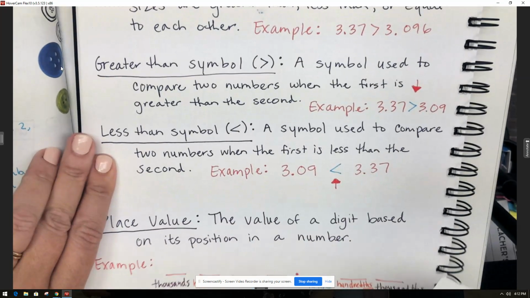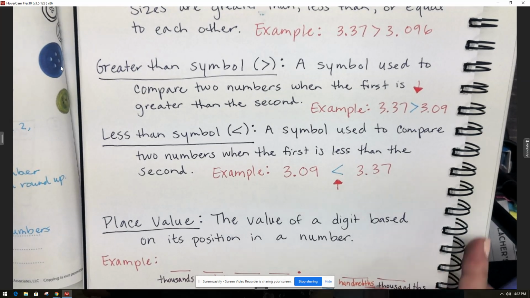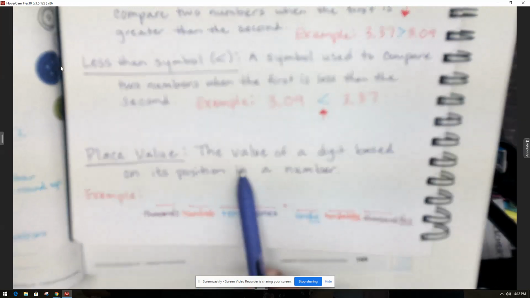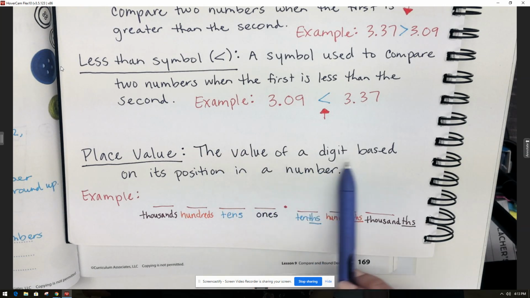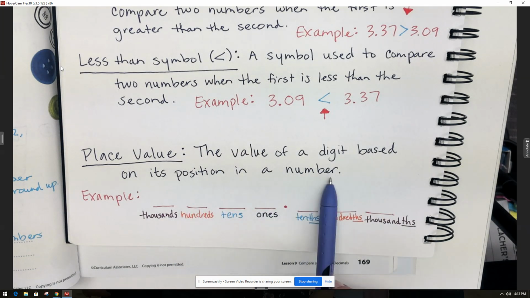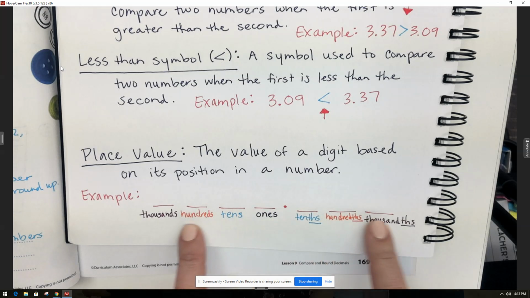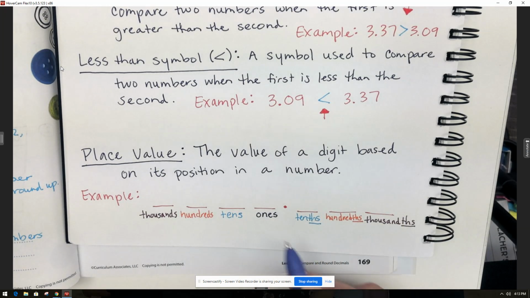And then finally, just to recap, which we've talked about quite a bit for the last little while, is place value. Place value is the value of a digit based on its position in a number. So remember, we think about our ones as the center, and then everything fans out from the center. We also remember that our decimal point always goes to the right of the ones place.